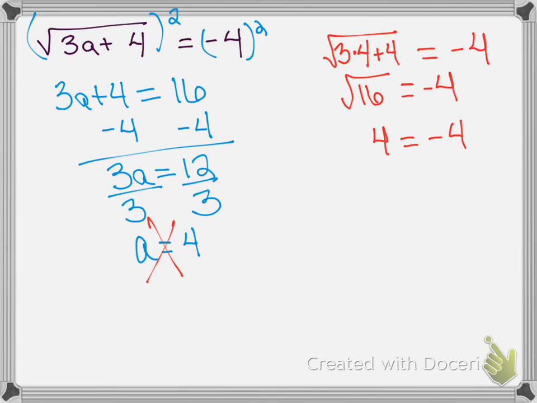Now, when it's x squared equals a number, then you do have to take the positive and the negative. So this is different. If I've got x squared equals 16, x is both positive and negative 4. But when I have the square root of 16, my answer is only positive 4.